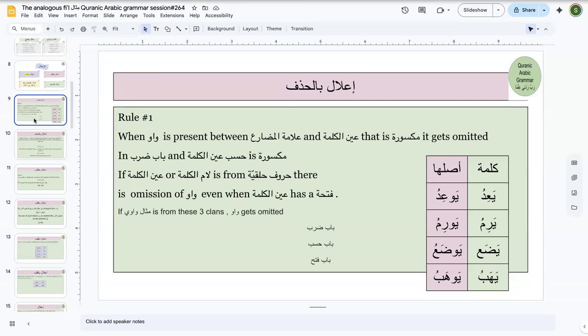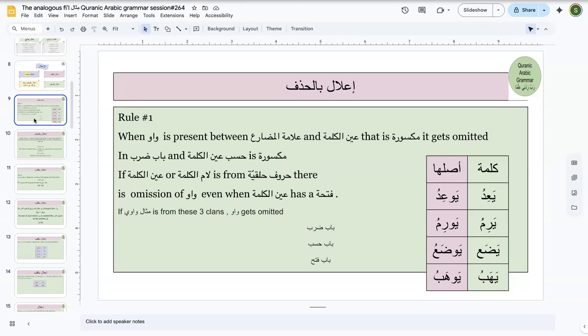Everyone with me? Then I taught you that one of my teachers gave a rule of thumb, that for the most part, you can say in Misal Wawi, if Misal Wawi is from three clans, Daraba, Hasiba, Fataha, Waw gets omitted.